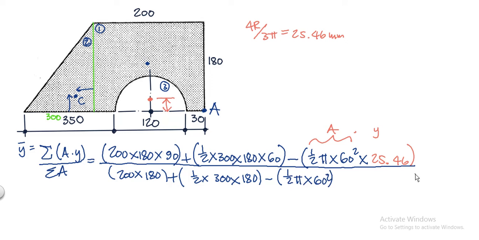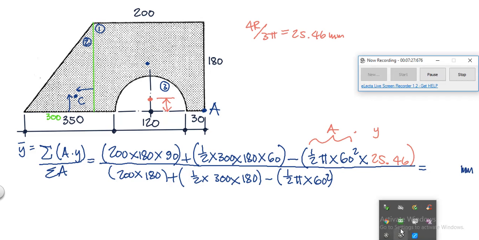I'm going to squeeze it in here, and of course we must get millimeters. So while I pause that, let's work it out, get a nice answer to two places.